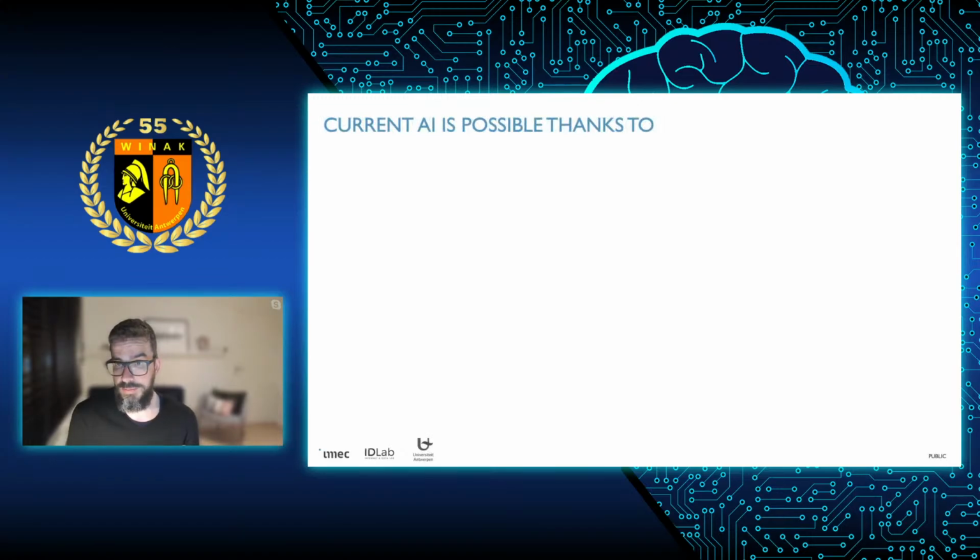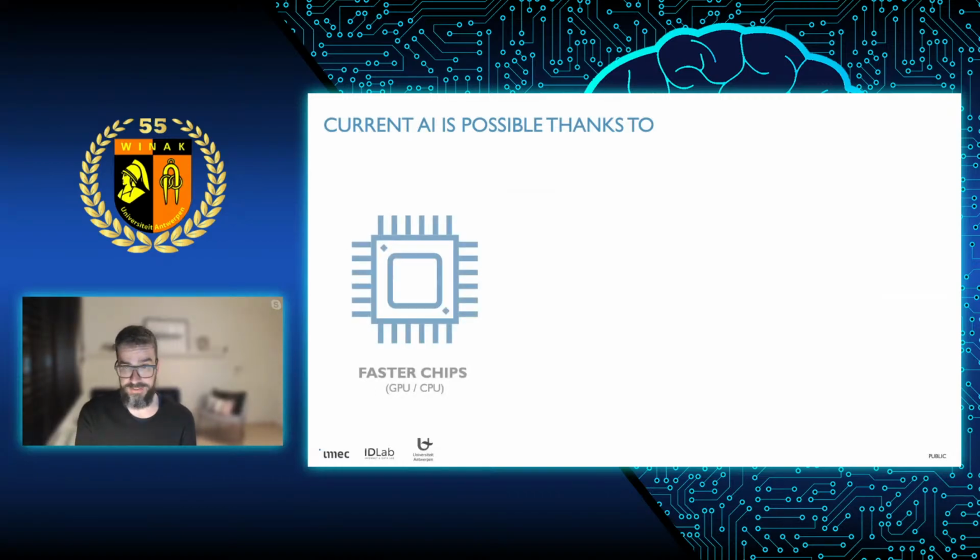And so these three evolutions together are actually what makes AI possible, and that's the reason why we're all talking so passionately, or at least I'm talking passionately and you're listening, I hope, passionately as well, about why machine learning and artificial intelligence are so important. On one hand, we have faster chips.